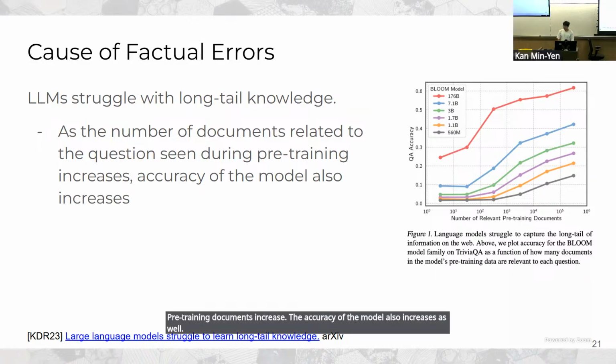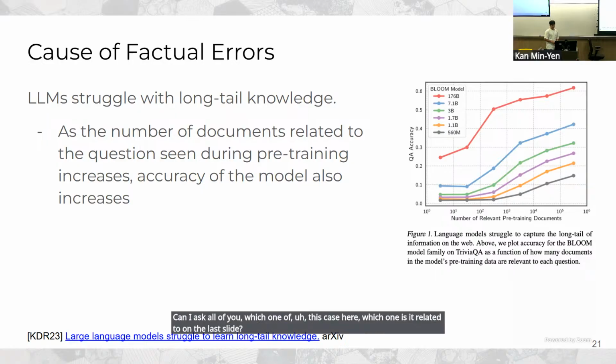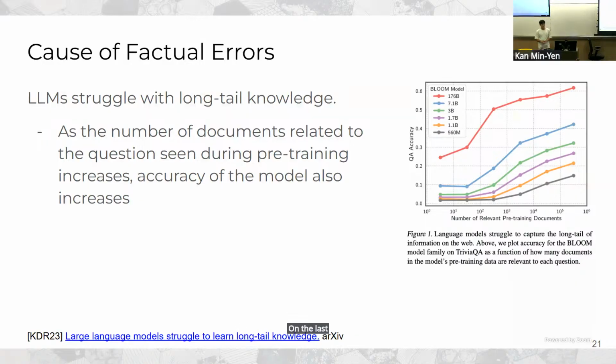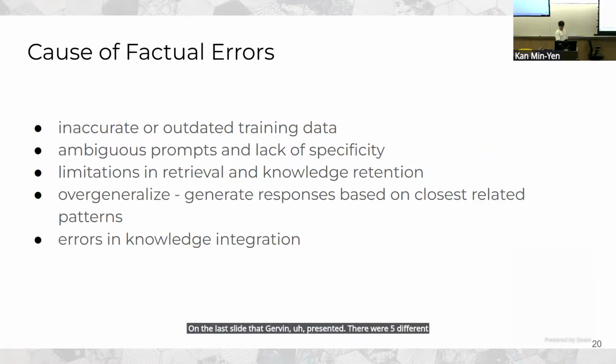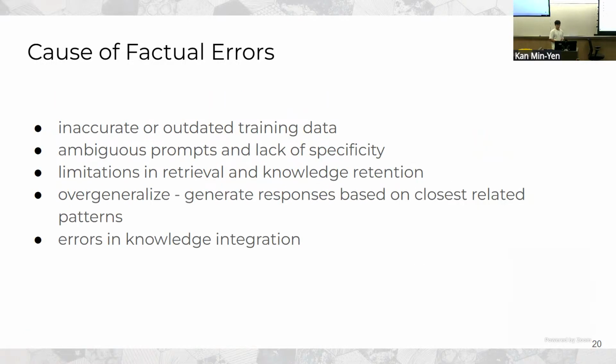Can I ask all of you, which one of these cases here is it related to on the last slide? On the last slide that Ervin presented, there were 5 different causes, right? Any takers online or in the house? Limitations in retrieval and retention.